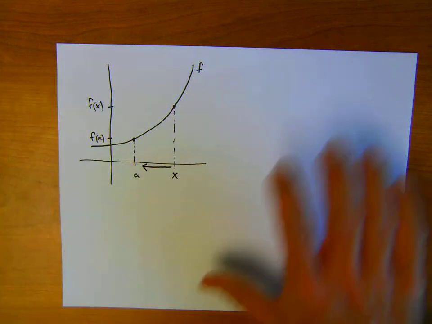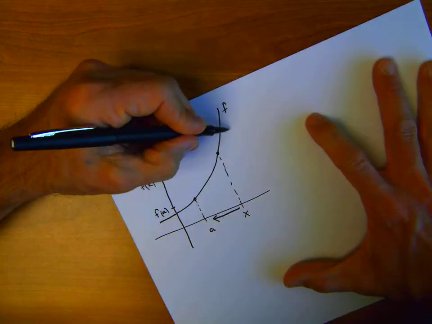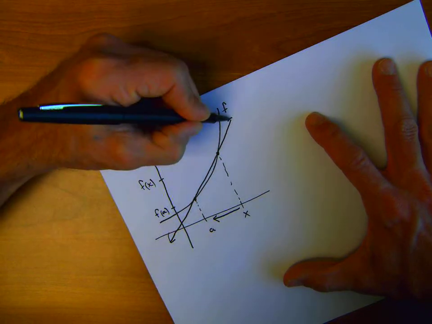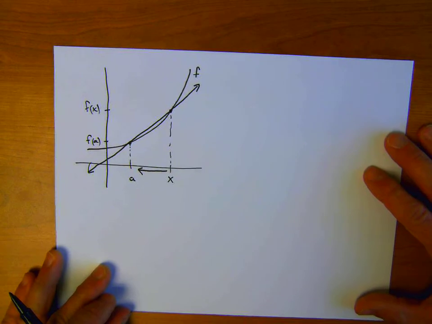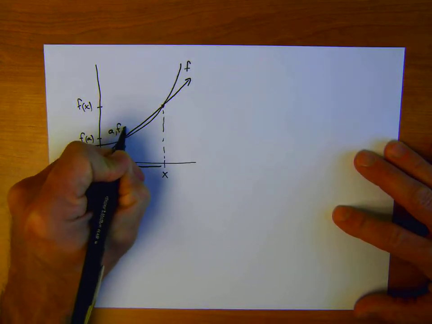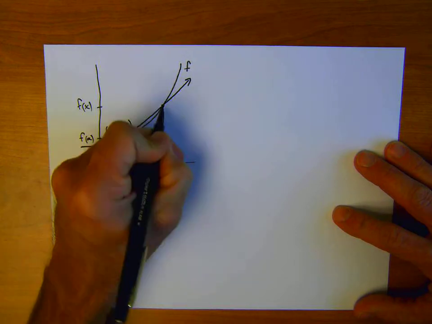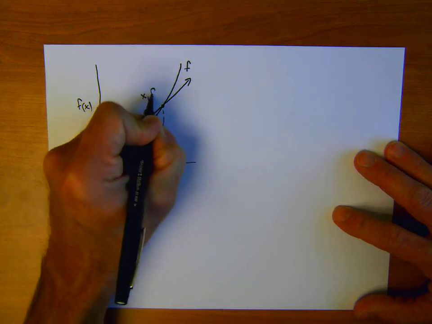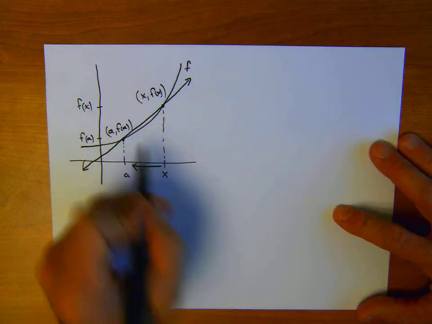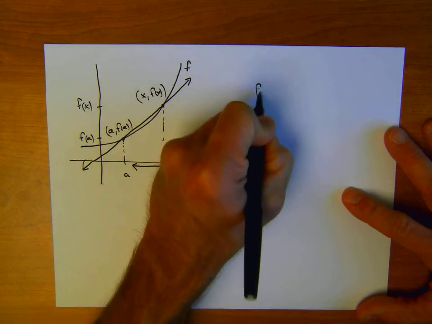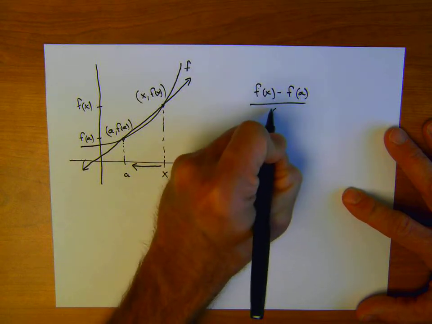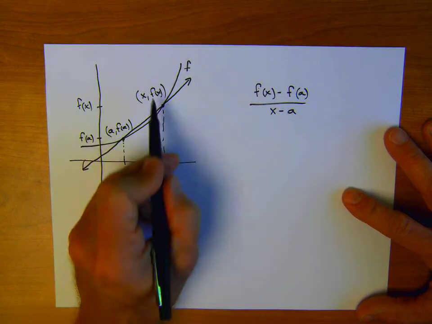Again, I can draw in the secant line here. Now let's think about what these points are. This is still f of a. This point is x, f of x, an arbitrary point. The slope of the secant line is f of x minus f of a over x minus a. That's just the slope formula.